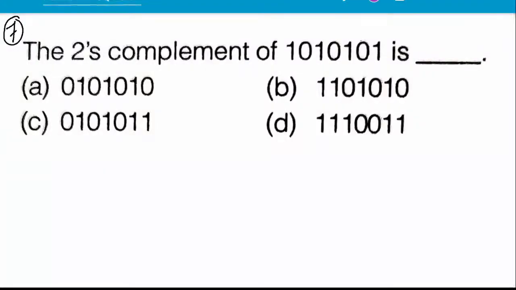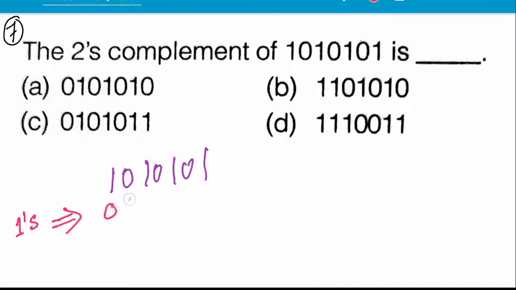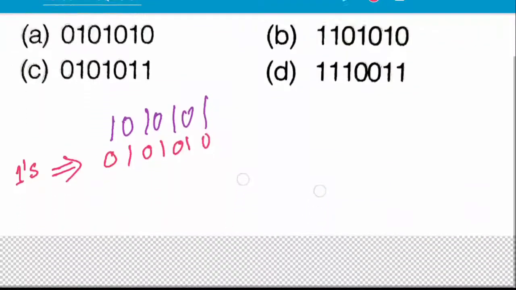Next question, the 2's complement of the number 1010101. How is the 2's complement found out? First we have to find out the 1's complement. 1's complement is this one, 010110, only the complement of each digit.